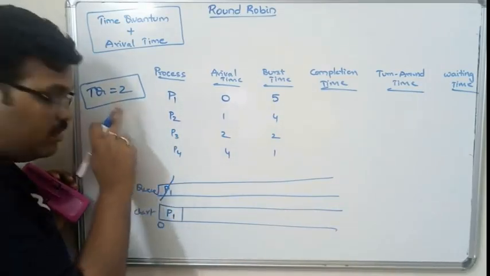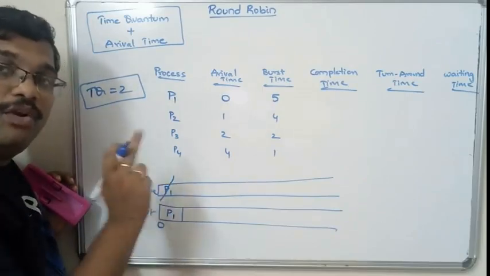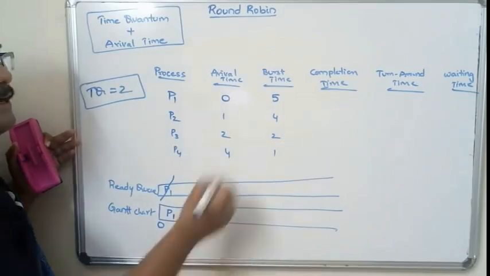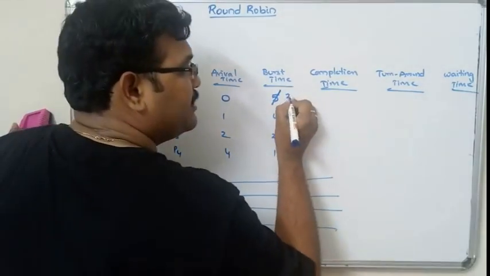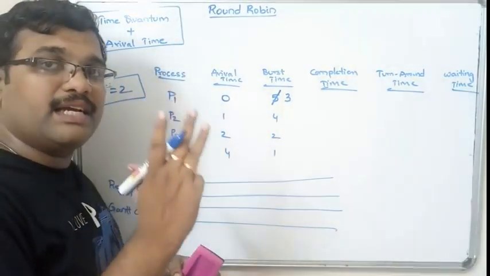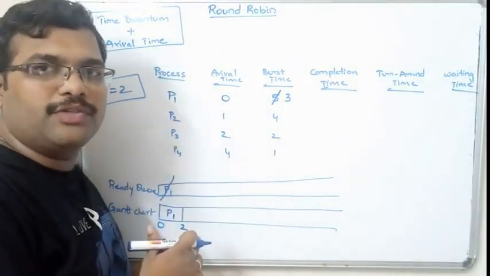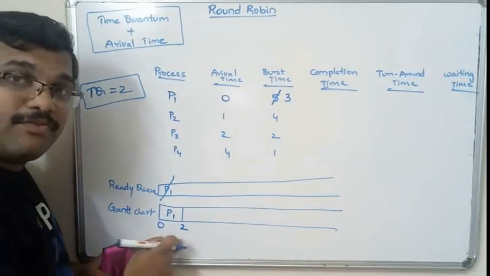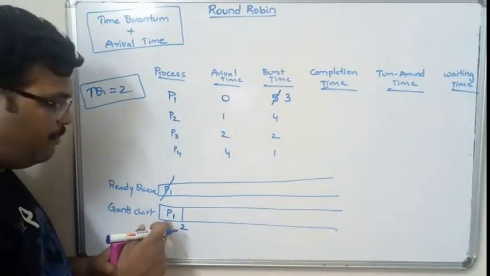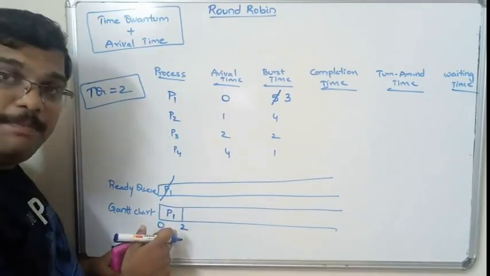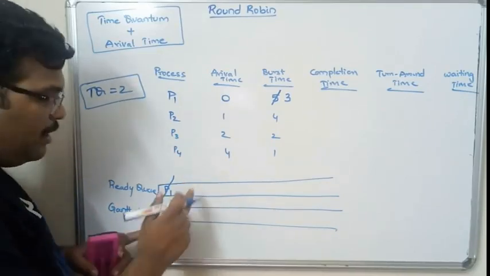Here the time quantum is 2, so P1 spends only 2 milliseconds with the CPU. The remaining is 3. So P1 still requires 3 milliseconds to complete its execution. After completion of the time quantum, P1 is removed from the CPU and will be sent to the ready queue.